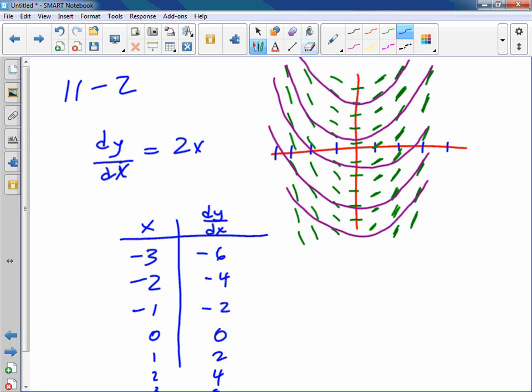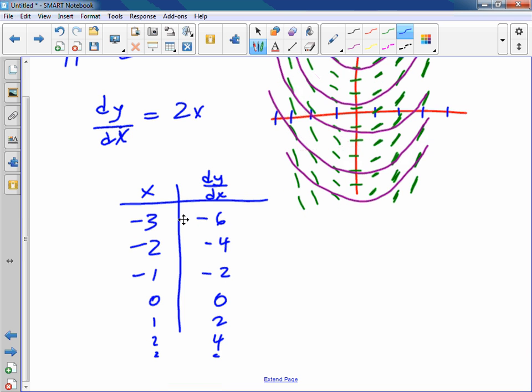dy dx equals 2x. What about the original function y? What would y equal? It equals the integral of dy dx.